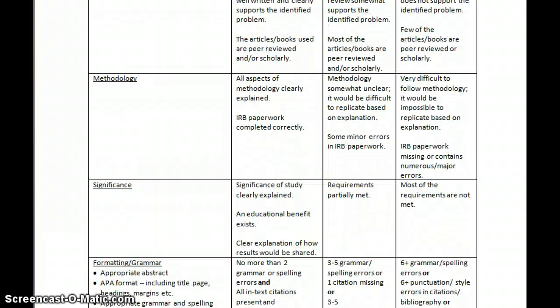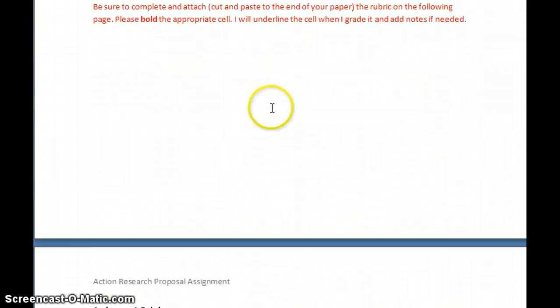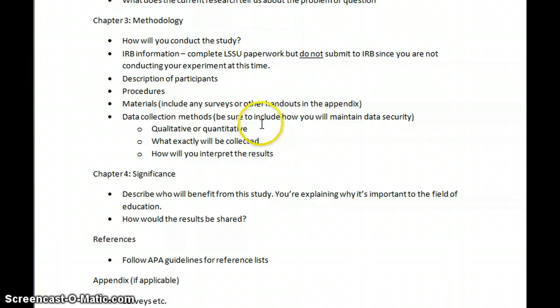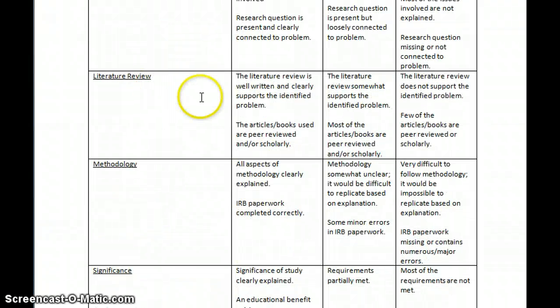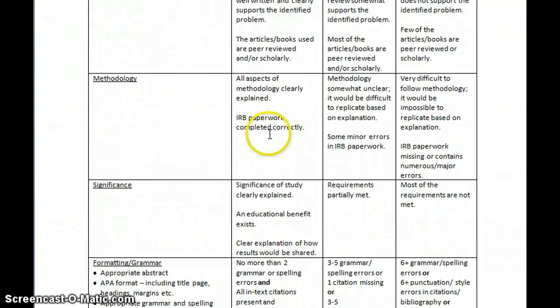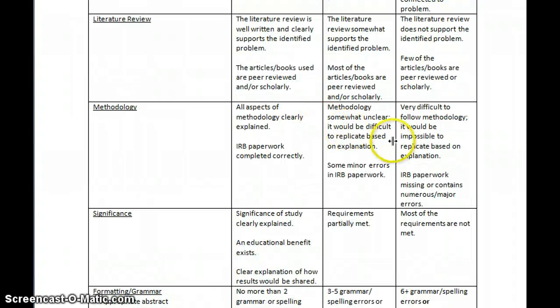Your methodology: all aspects of methodology clearly explained. When I'm talking about all aspects of methodology, I'm going to scroll back up here. I'm talking about all of this stuff that I outlined in the bullets. A quick and dirty way you can tell if you have that, if we look at the not so great columns over here, an example of a methodology section that would not be that great would be if it'd be difficult to replicate.